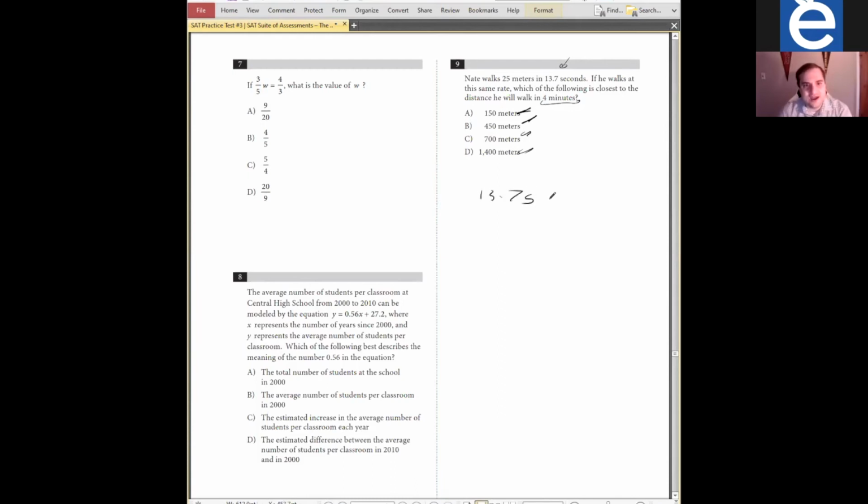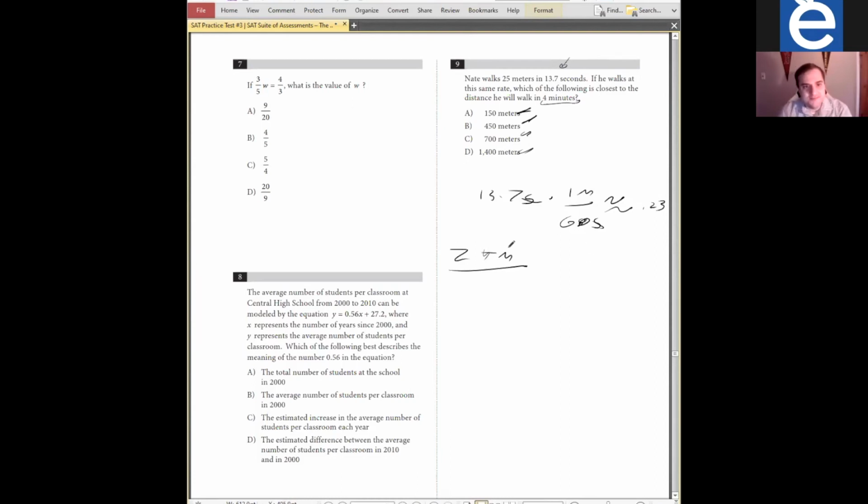And if we want to figure out how many minutes that is, well, it's 1 minute per 60 seconds, right? The seconds cancel. So the speed we had was, he was going 25 meters per, and then this would be 13.7 divided by 60, which is about equal to 0.23 minutes.